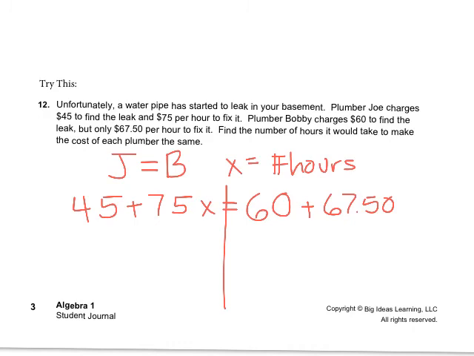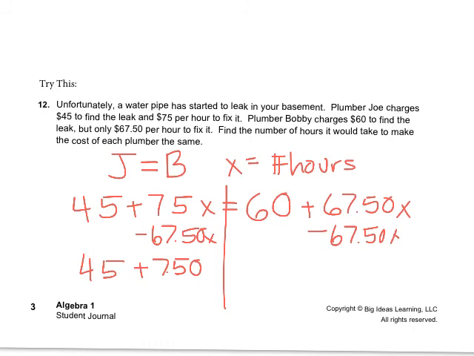So now I'm ready to solve. I missed an x, didn't I? 67.50x. So I want to bring variables to the same side. So I'm going to subtract over the 67.50x. So I have 45 plus 7.50x equals 60.